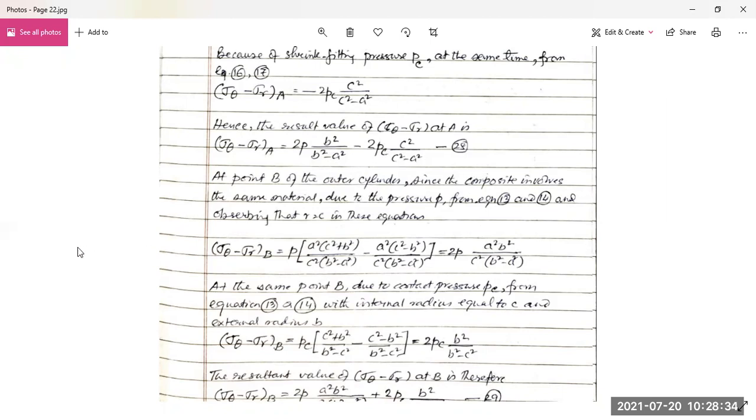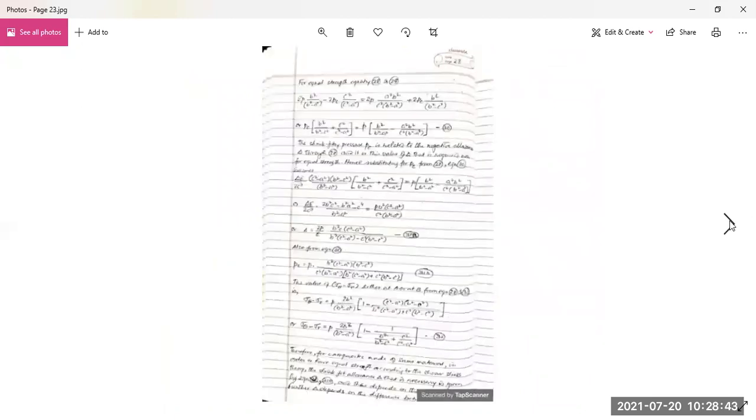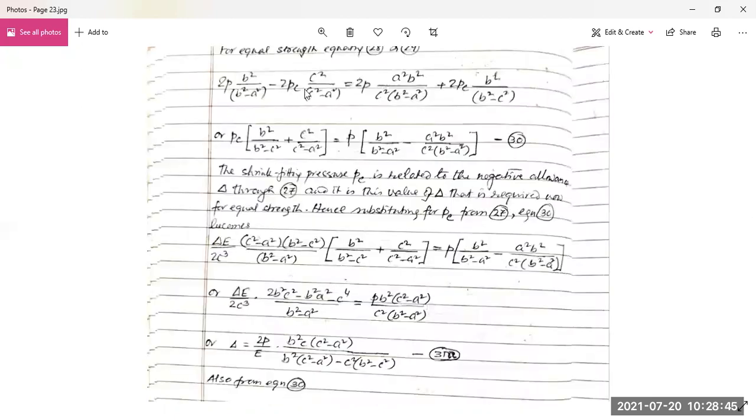So now this is the 28 equation, this is the 29 equation. Now, if we equate them as per our theory, this equation will become: keep both PC on the left side of the equal sign and P on the right side of the equal sign.